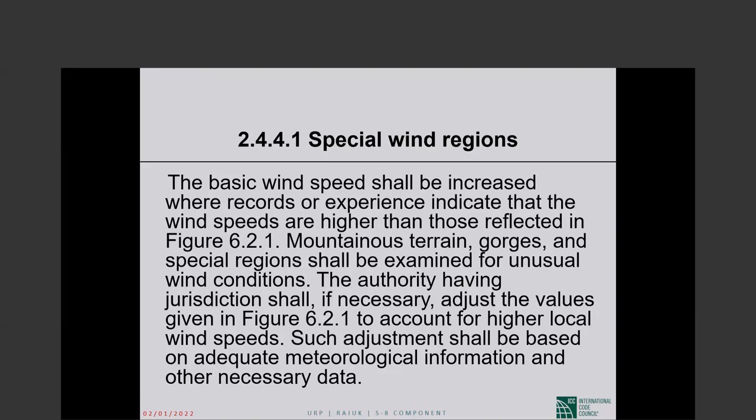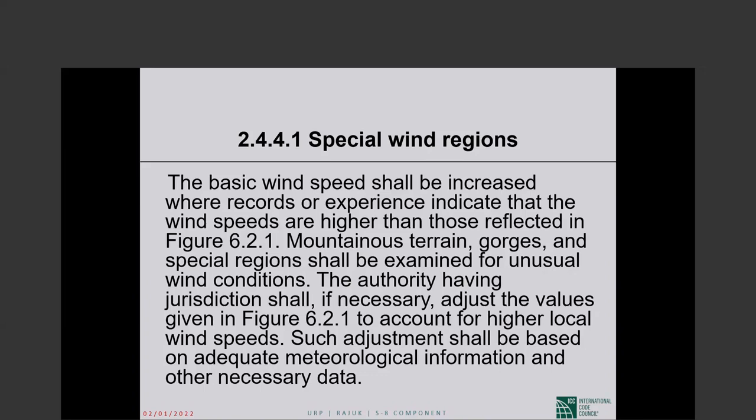So where we have this potential problem, let's say Chittagong or Chittagong Hill Tracts, what should ideally happen is that the local jurisdiction, there is Chittagong Development Authority. And if within their region there are such special wind regions, the most desirable scenario is that the authority will tell you what wind speeds to use for construction in those areas.